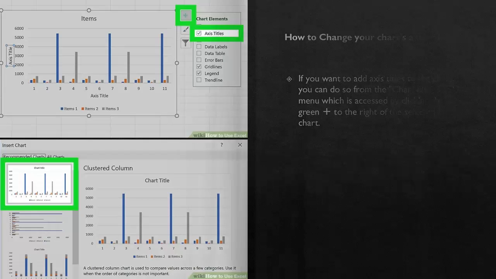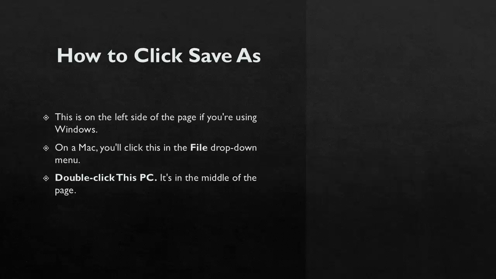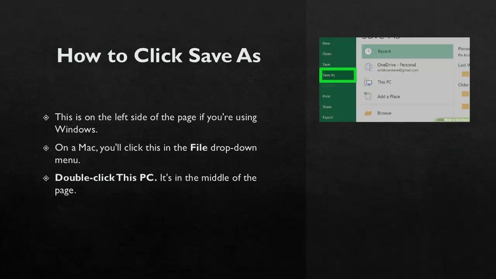So yeah, that's basically most of how to use Excel so far. The next one is how to save your file: how to click Save As. This is on the left side of the page if you're using Windows. On a Mac, you'll click this in the File drop-down menu. Double click This PC, in the middle of the page.